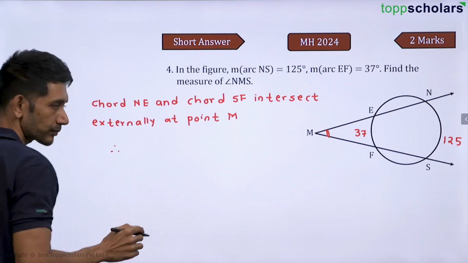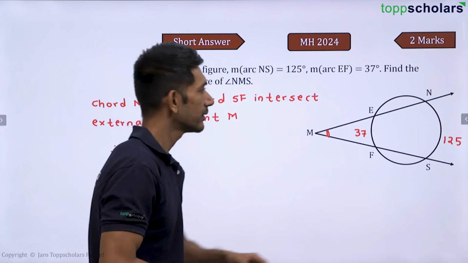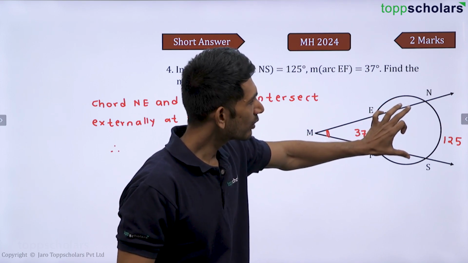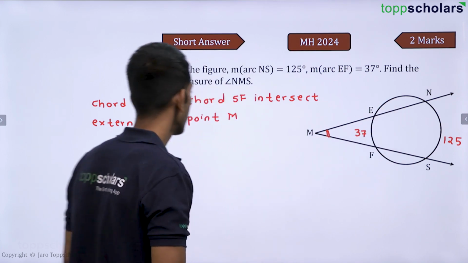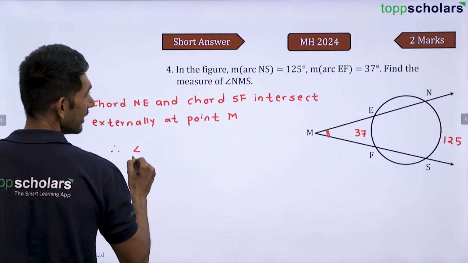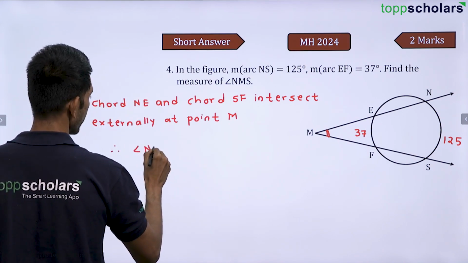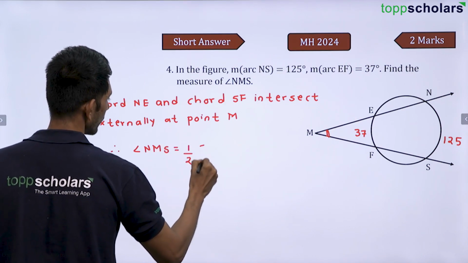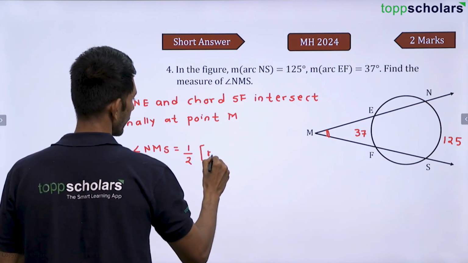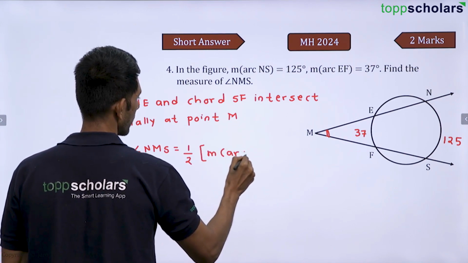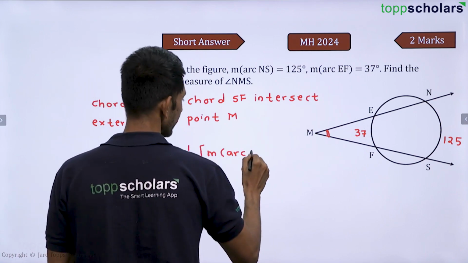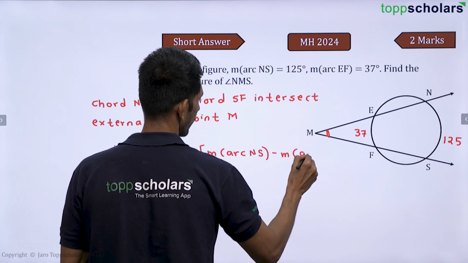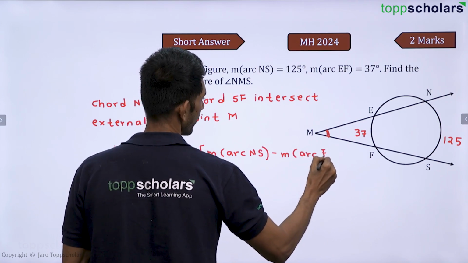Therefore, we know that by this particular theorem, the theorem of intersecting chords, we can say angle NMS, we have already proved this if you remember, is half of the measure of arc NS minus the measure of arc EF, right?